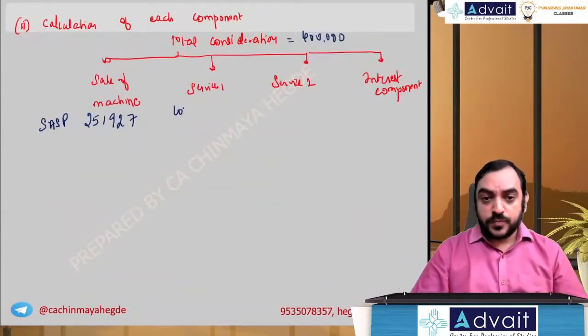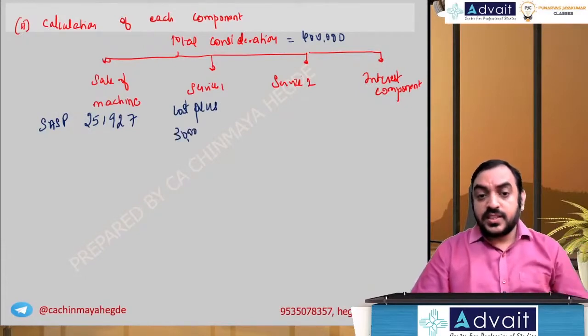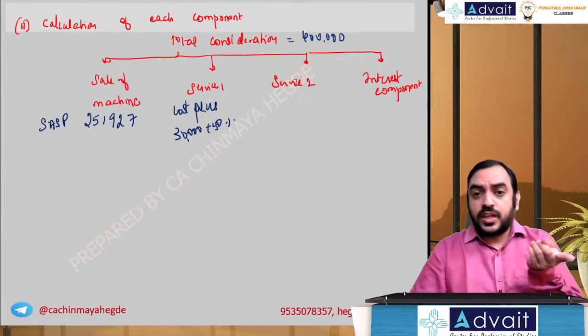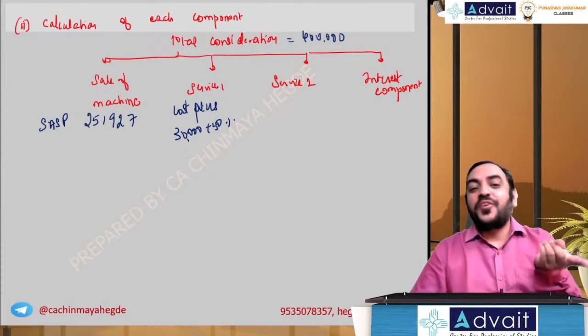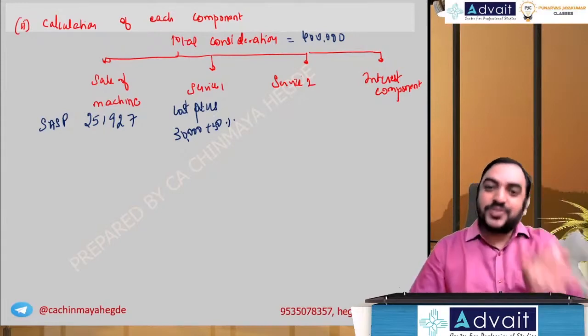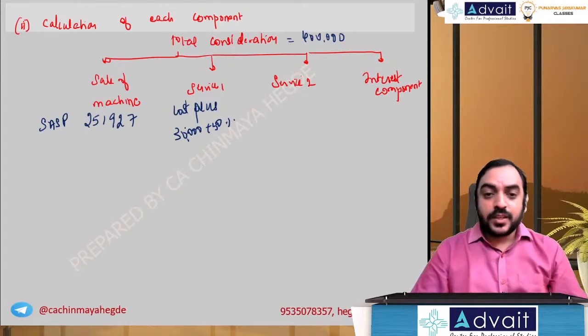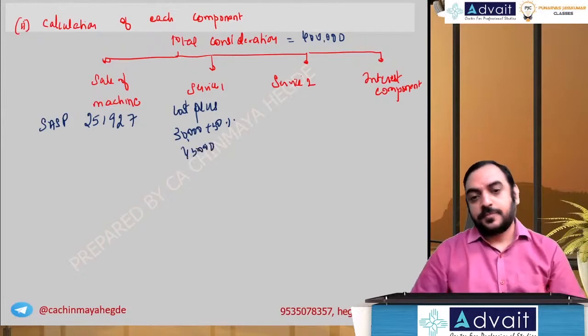I have not done cost plus for the machine because I know the cost but not the profit; I know only the cash price directly, so for the machine I took the standalone selling price. For service, cost plus is 30,000 plus 50%, 15,000. So 30 plus 15 you get 45,000.